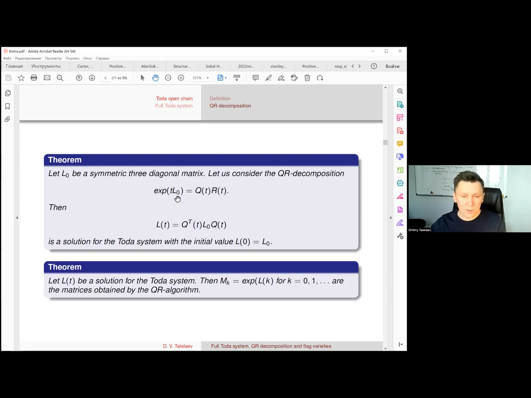So another way to calculate the eigenvalues is to turn on the Toda system dynamics and consider the t to infinity limit, and obtain the eigenvalues, if you have a quick way to calculate the Toda system dynamics.